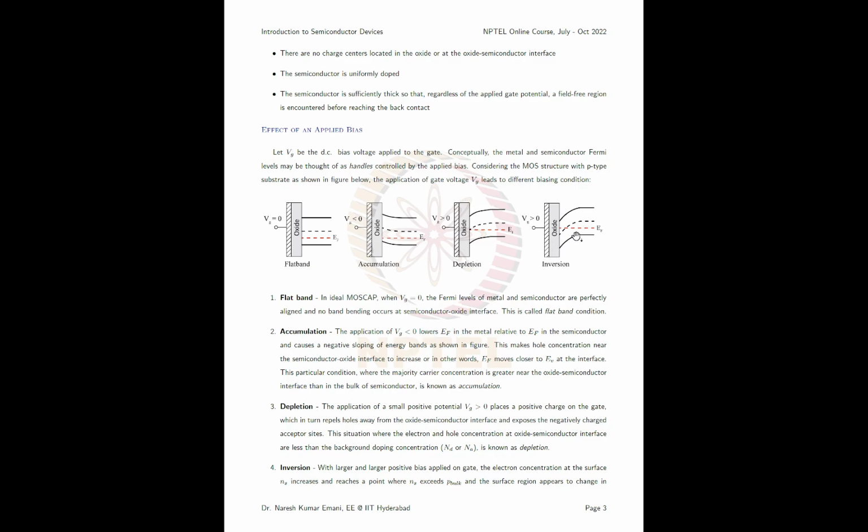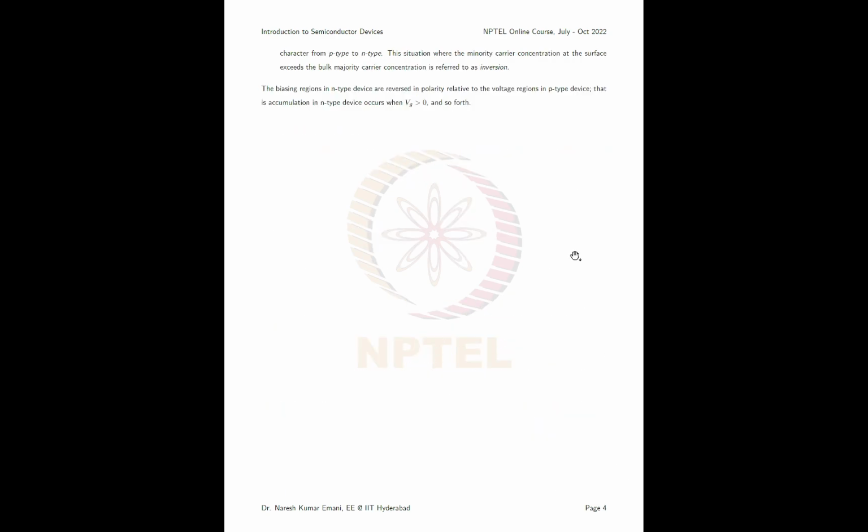This causes downward band bending. With larger and larger bias, the electron concentration at the surface, Ns, increases and reaches a point where Ns exceeds the bulk P, and the surface appears to change in character from P-type to N-type.